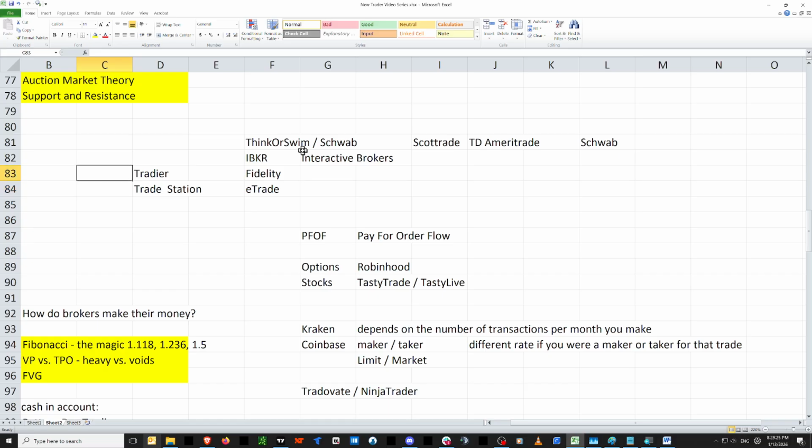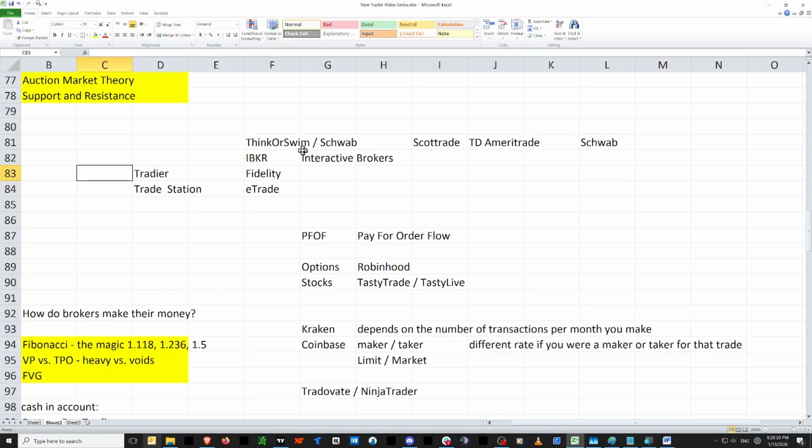Tradier, new kid on the block. Essentially, the idea is you pay them a monthly fee. They are pay for order flow, but they do charge a small fee, with the idea that I guess they think they're going to give you a decent price. I don't know that much about them.